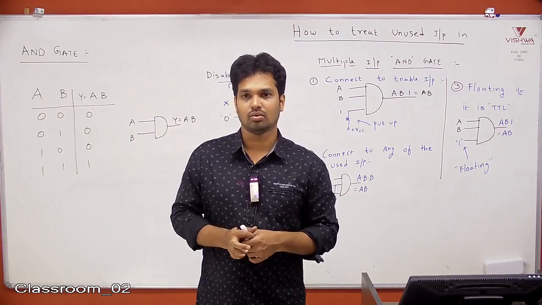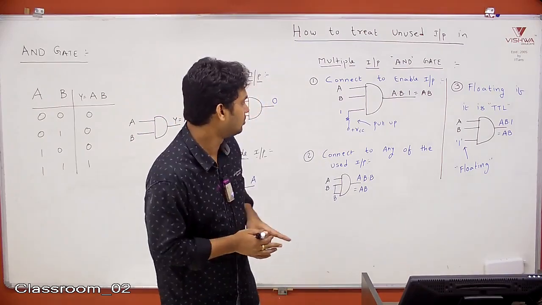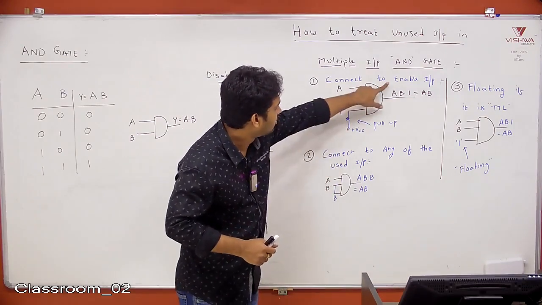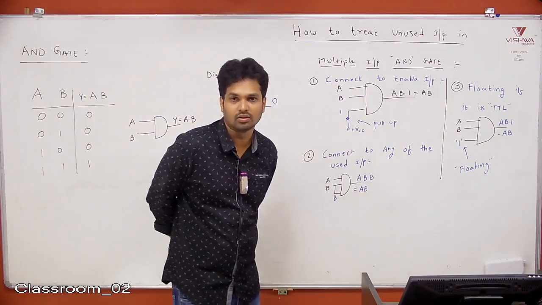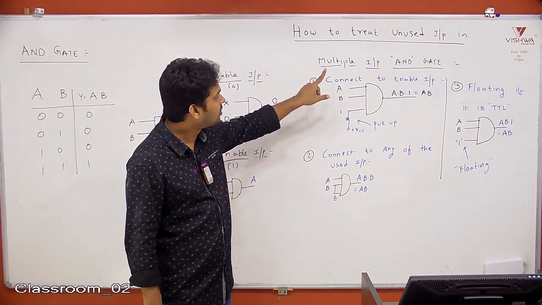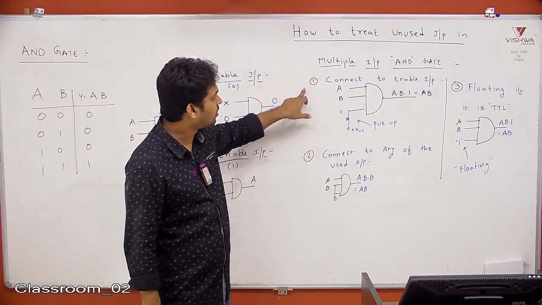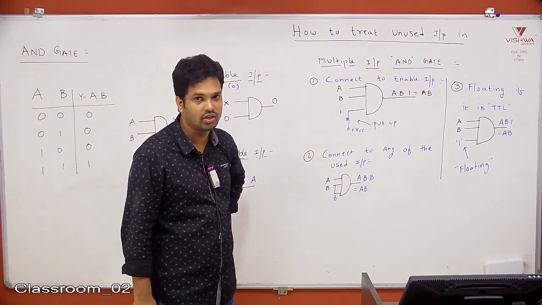So that floating input you can connect to enable input, or connect to any of the used input, or you can leave it floating. This is how to treat unused input in the multiple input AND gate. Connect to enable input, connect to any of the used input, or leave it floating in the TTL.